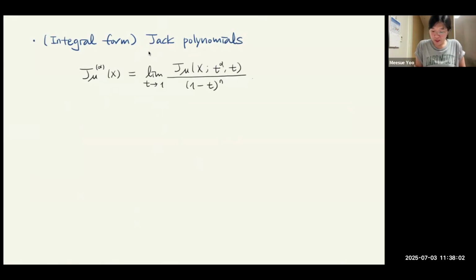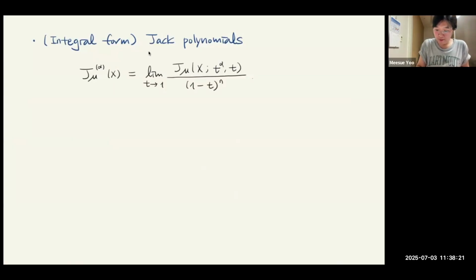Now, if you replace q by t to the alpha in the integral form Macdonald polynomials, and then divide by 1 minus t to the n, and if you let t go to 1, then that's the definition of the Jack polynomials.